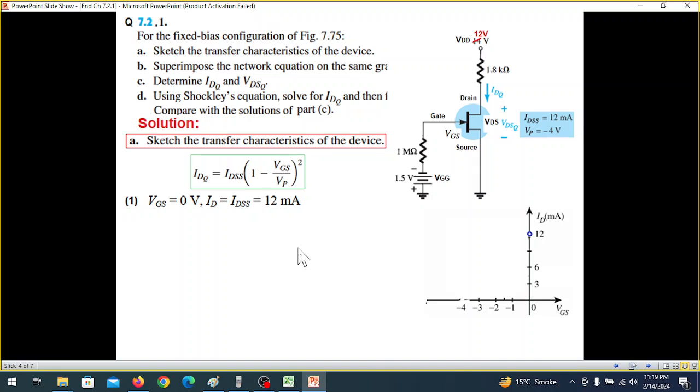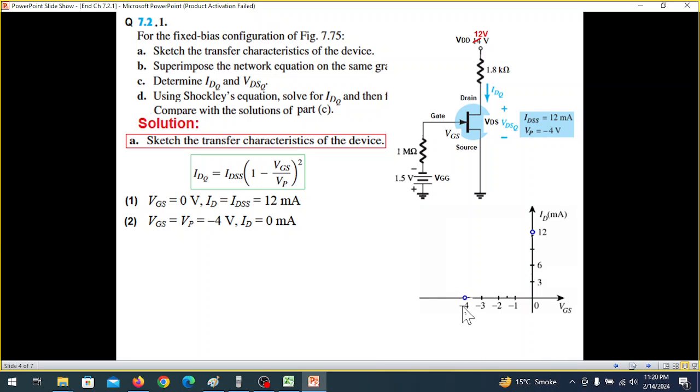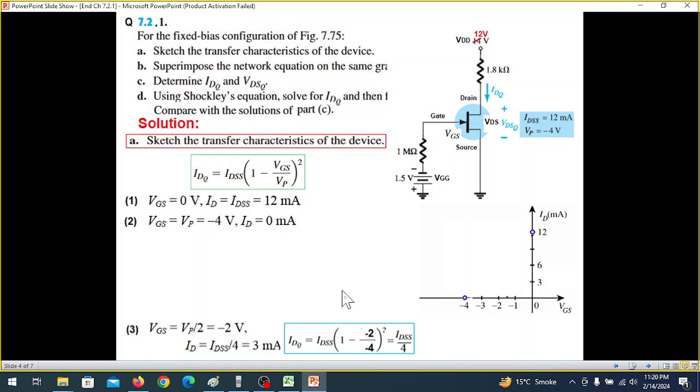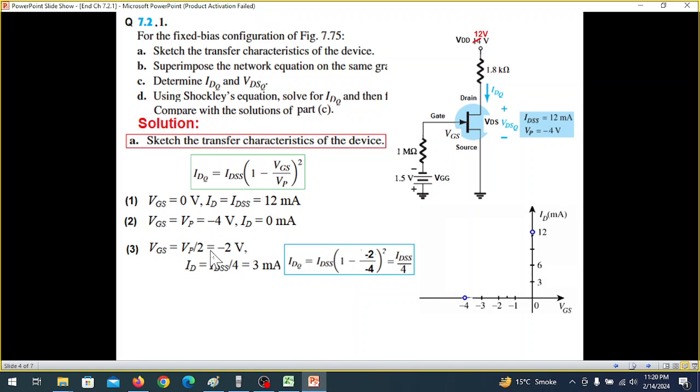And the second point, we will take ID to be 0. ID is equal to 0 when VGS is equal to VP, and VP is minus 4 volt. That means VGS is equal to minus 4 volt. So this is the point, and ID is 0. So we mark a circle here. Then we take another point, and that is VGS equal to VP over 2.